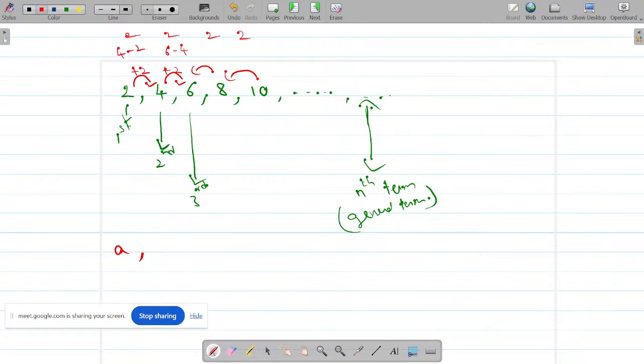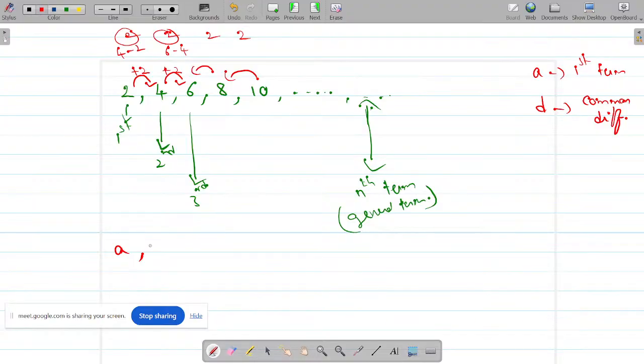Wherever you find two numbers, the difference of the two numbers will be 2. That's why this value 2 is what you call the common difference. The first one, A, is called the first term. The common difference is given the notation d, small d. Usually we use small d. So this small d is known as the common difference. In my example, it's 2.